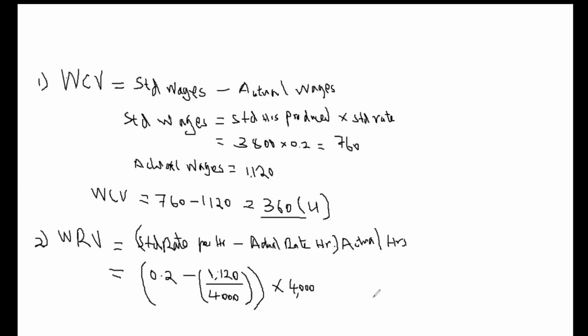So am I right, guys? If I'm wrong somewhere, you tell me. When you divide this, because now the BODMAS rule has to apply here, you have to open the inner bracket first, then you work on the outer one, then you multiply. So this will give us 0.2 minus 0.28, where 0.28 is this divided by this. Then you multiply by 4,000.